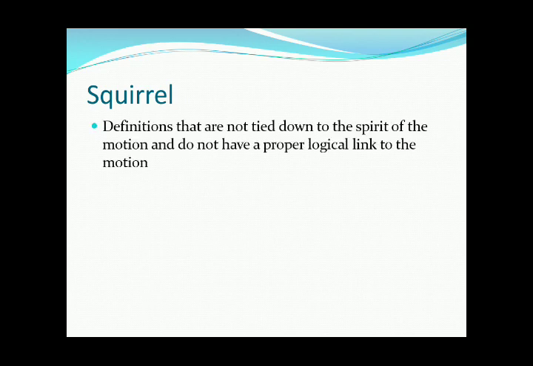Next, the squirrel. In the squirrel, the definitions are not tied down to the spirit of the motion and do not have proper logical links to the motion. The squirrel means that your definition cannot relate to the motion, or doesn't reflect the motion.